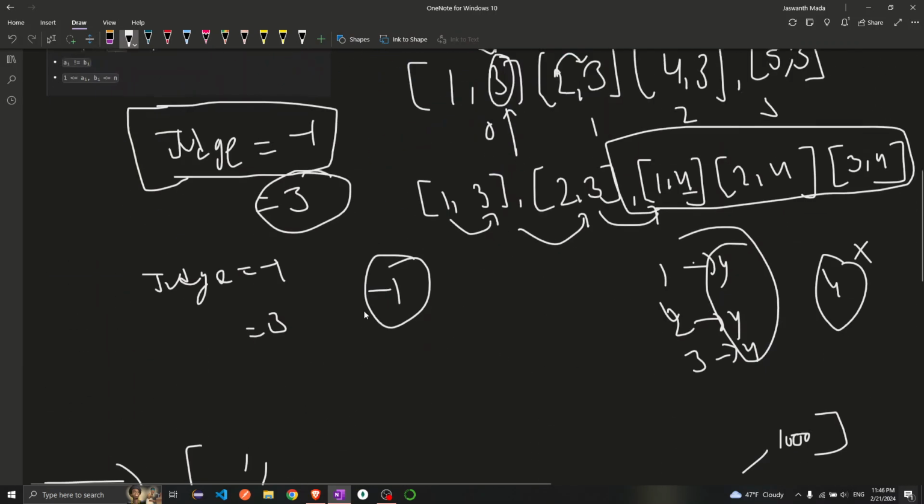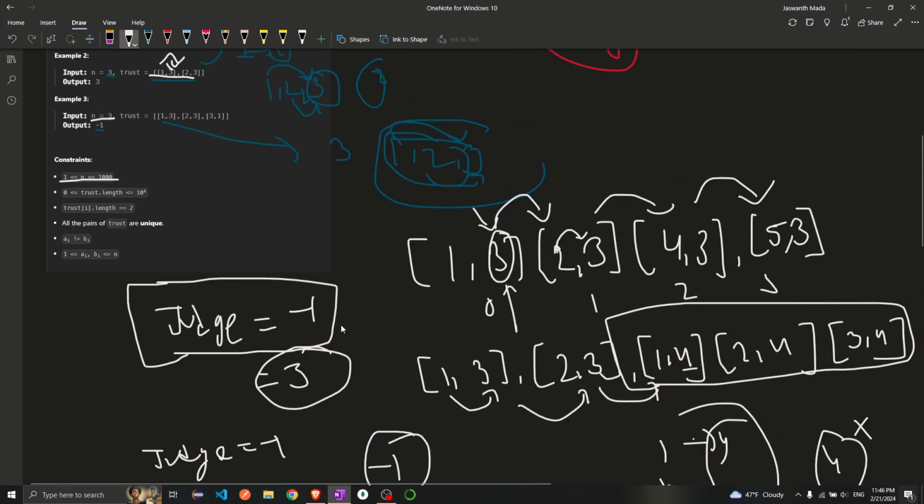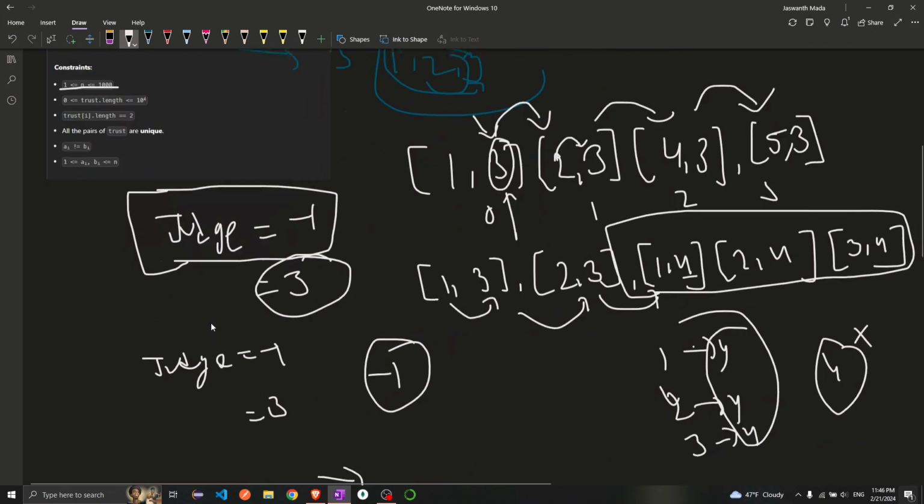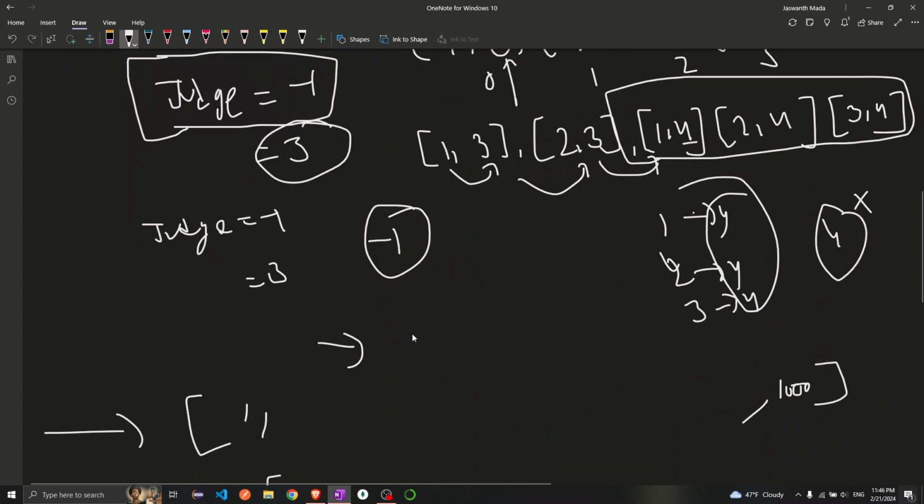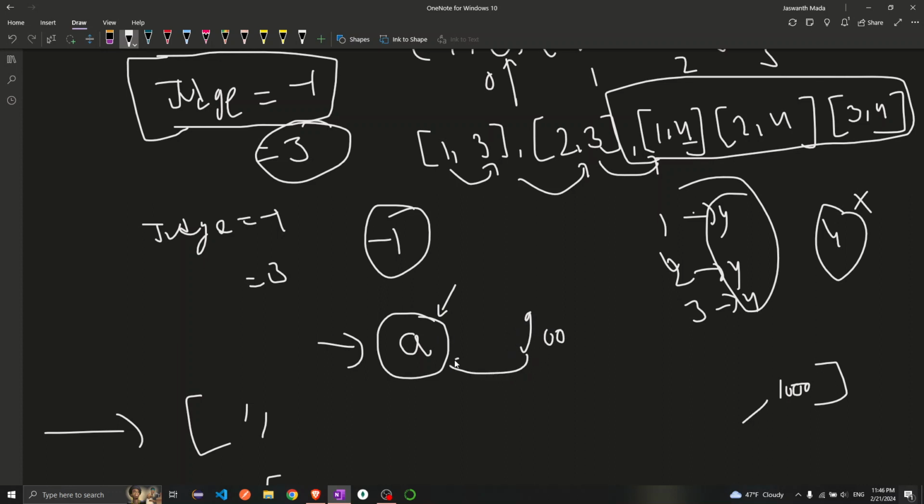So now if you observe carefully, there are two major points we need to identify. Let's say A is my judge, and there are some 900 people out there. So all these 900 people should trust A, right?